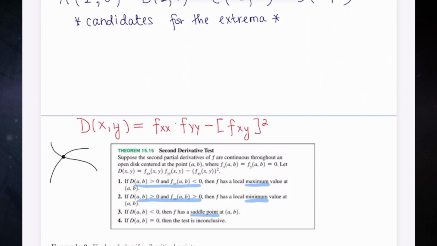It is a point where if you go in one direction, let's say you go along this curve right here, you're going up. But then if you go along a different path, so let's say you go this way, then you're going down. Okay, and that's what a saddle point would look like.